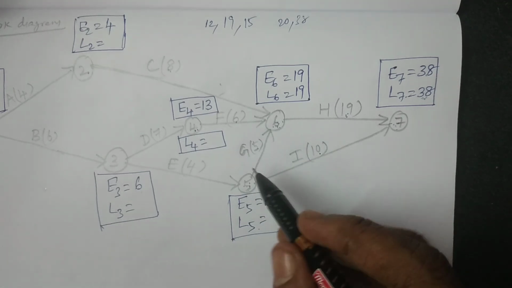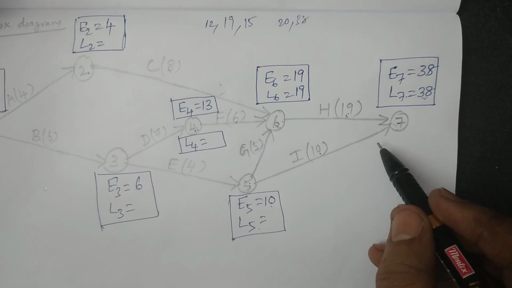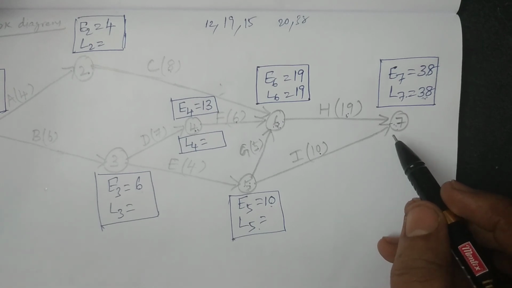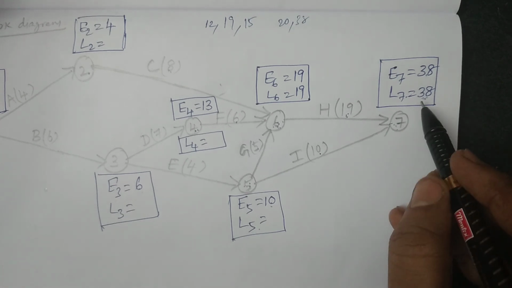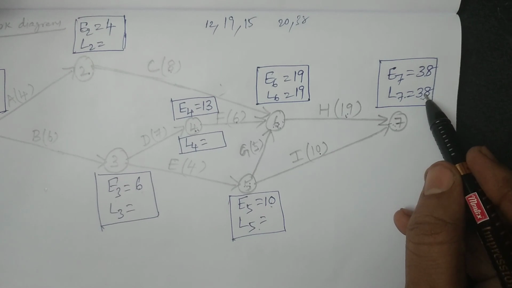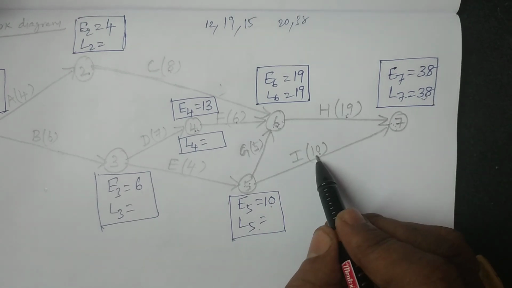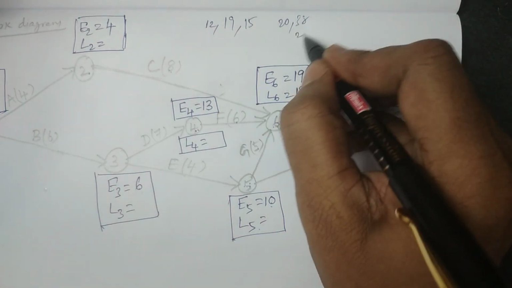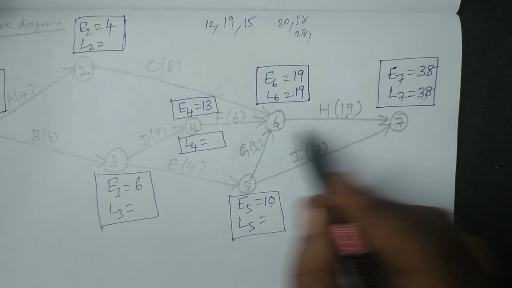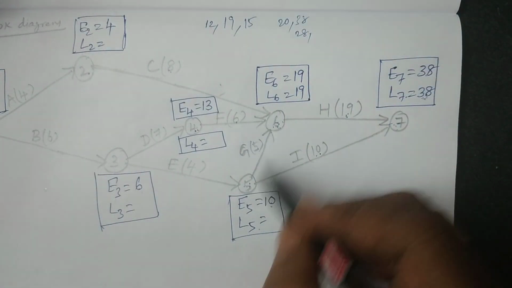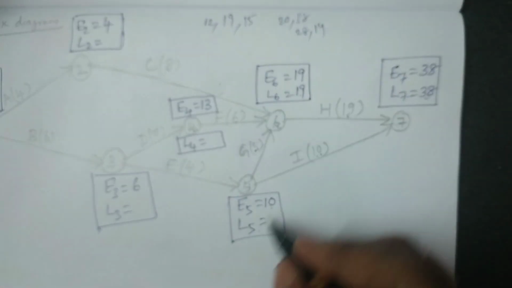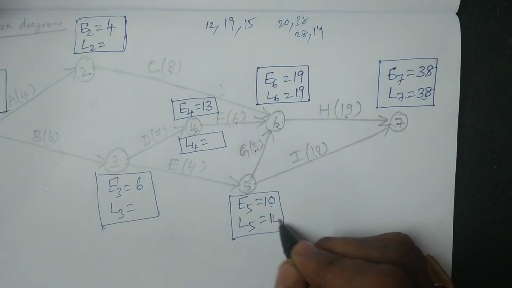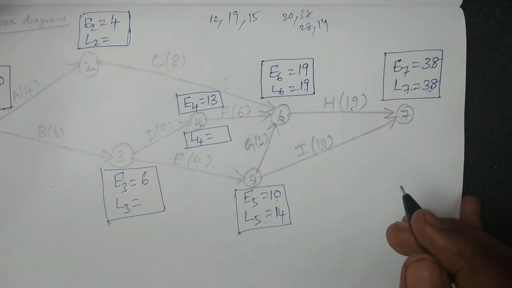So therefore we have to consider the minimum of Lj minus Dij. Here L7 minus 10, 38 minus 10, it is 28. And coming from 6, 19 minus 5, it is 14. So the minimum is 14. Clear? This is L5.